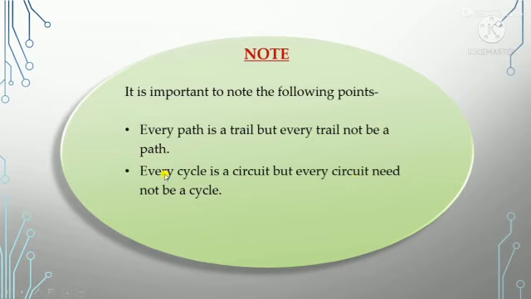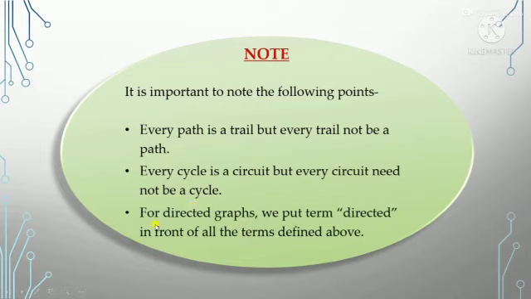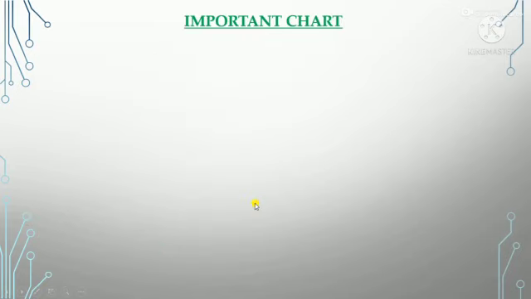So every cycle is a circuit, but every circuit need not be a cycle. Next one is for directed graphs. In a directed graph, we put the term directed in front of all the terms defined above, meaning directed trail, directed circuit, directed cycle, and so on.